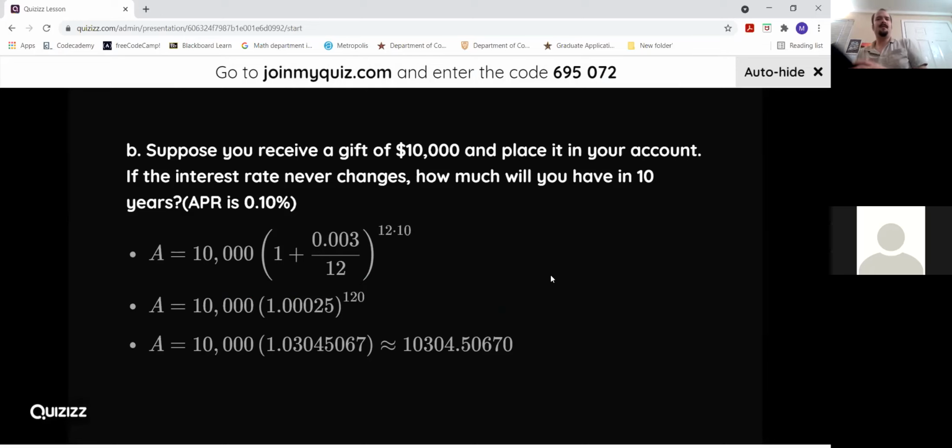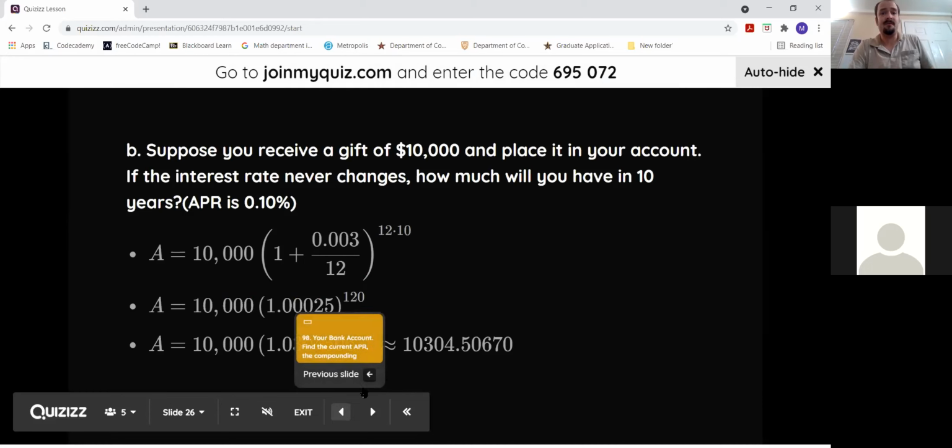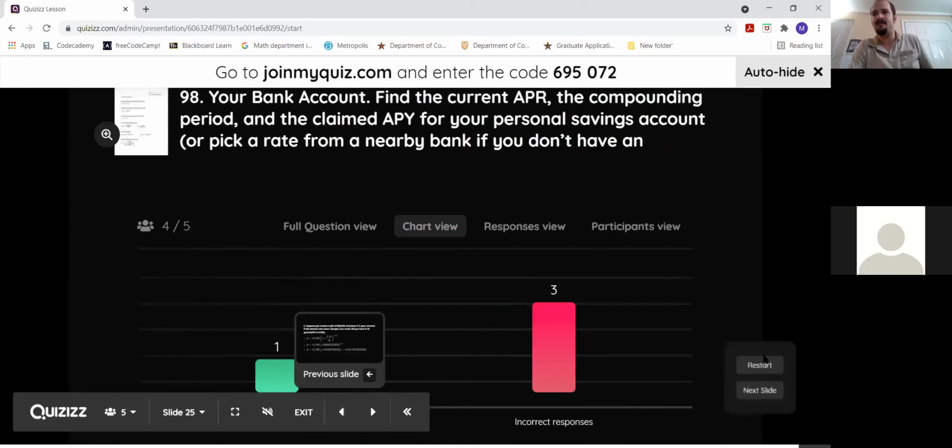Did I do that correctly in this one? To the 120, and I want to multiply this by 10,000. No, that's right. I didn't end it is what happened. I think I did this wrong on my notes.